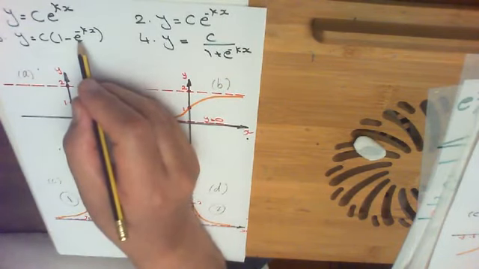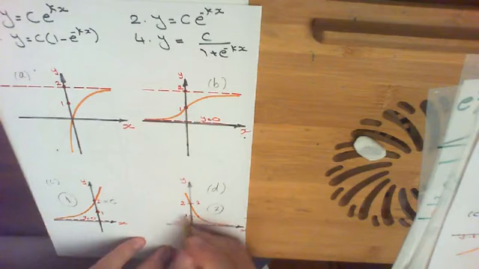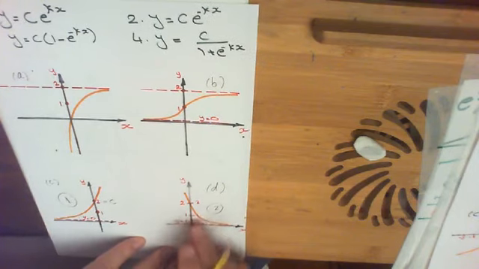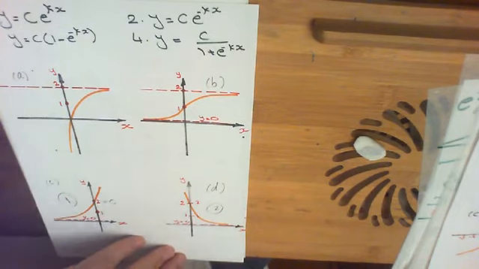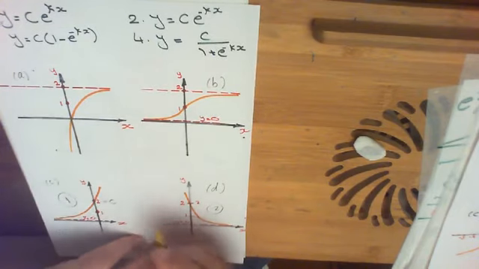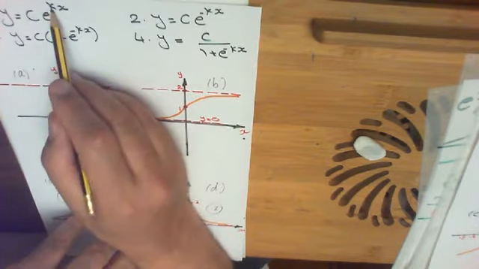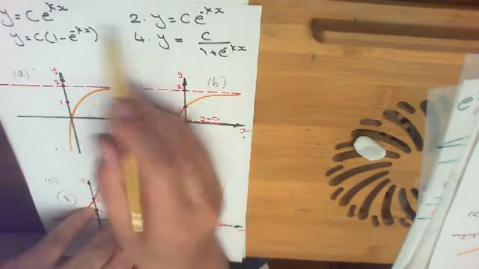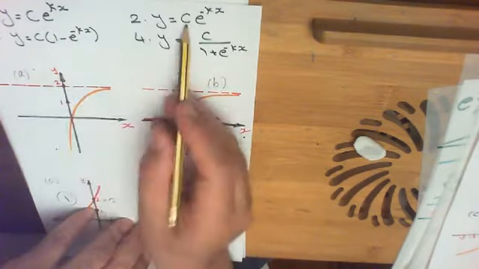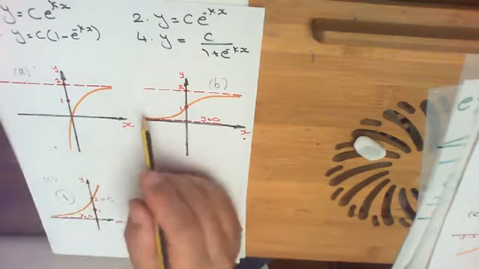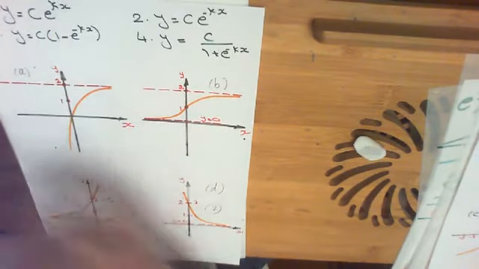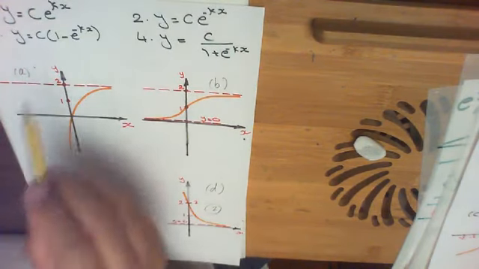As you know, e to minus x, this one, is increasing with negative values of x. e to minus x is increasing. Take care. k and c are positive values. Also in the previous problem.